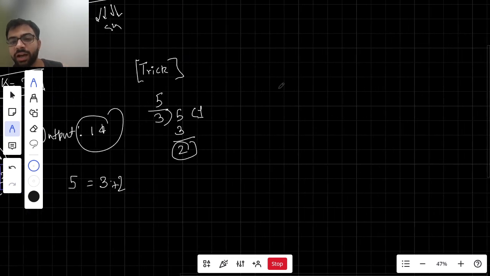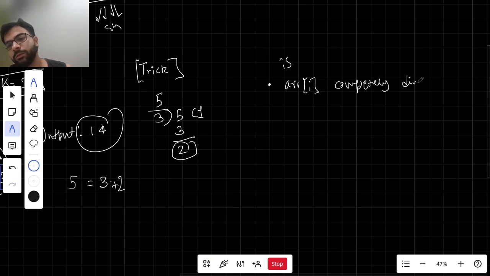First let us understand whether array of i is completely divisible by k. If array of i is completely divisible by k, what I am going to store in my answer is: answer plus equals array of i by k.